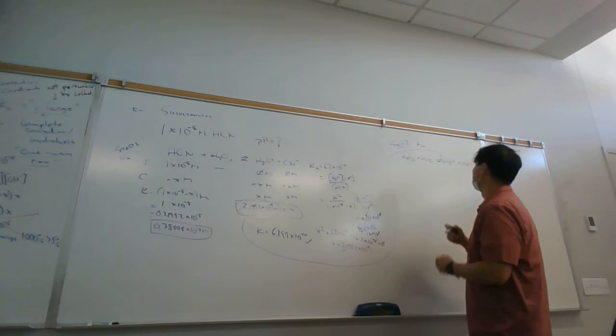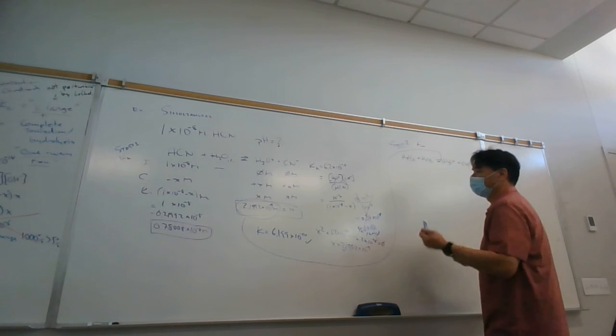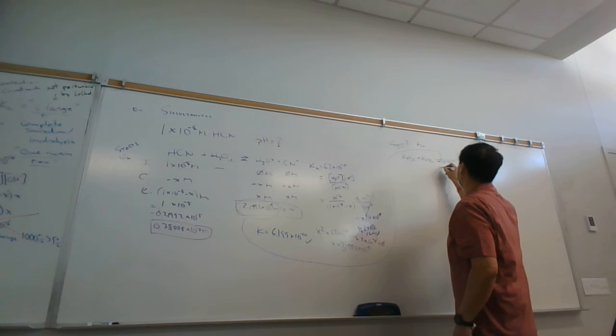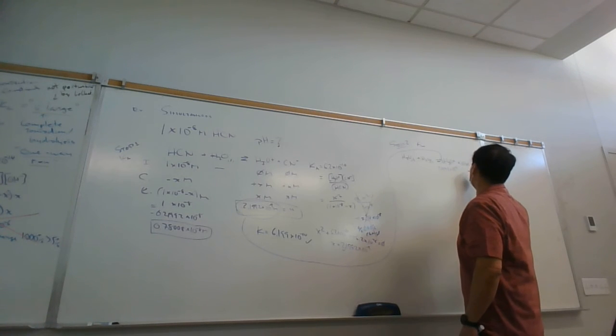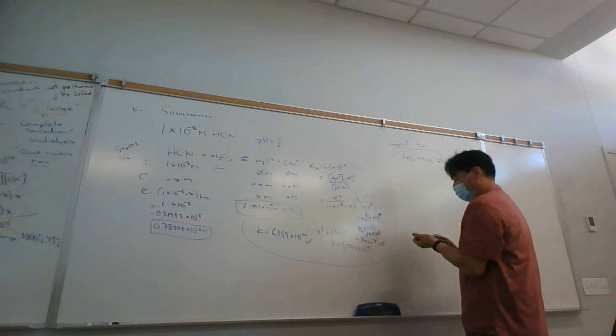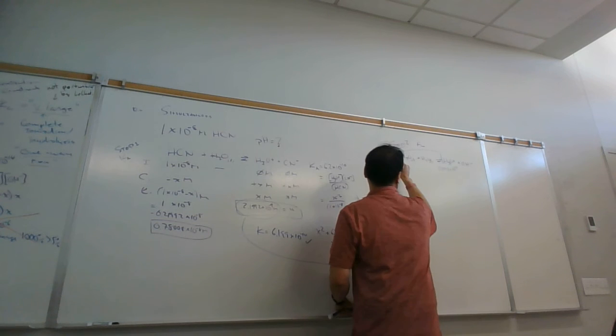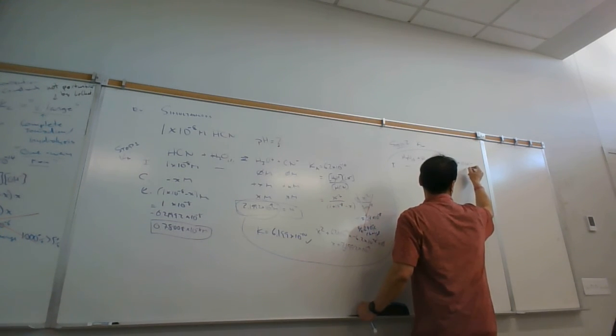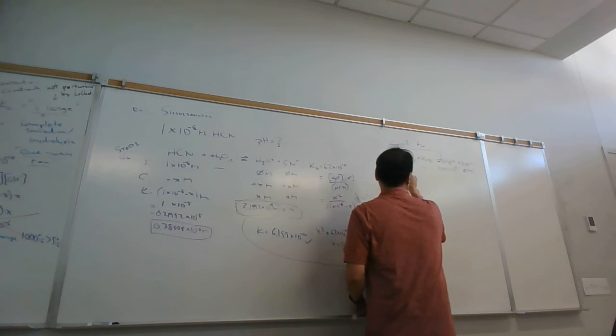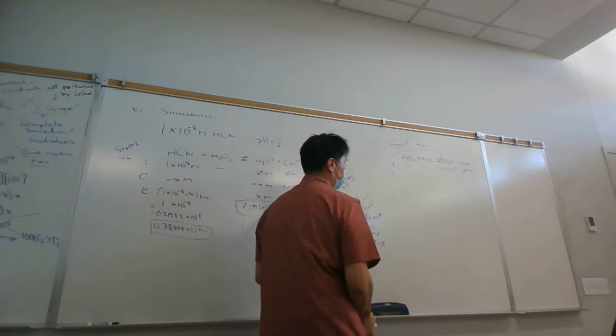And so that common ion here is 2.1992 times 10 to the minus 9. And so initially, I'm going to have this hydronium, and the hydroxide is going to be 0 molar.